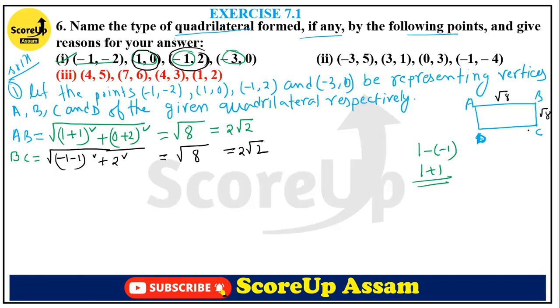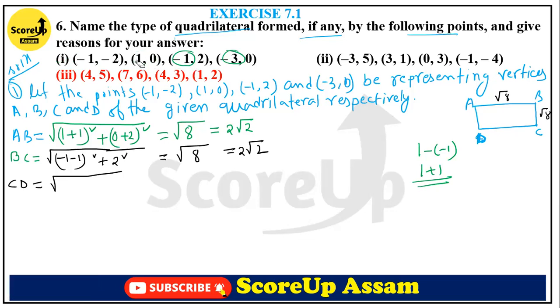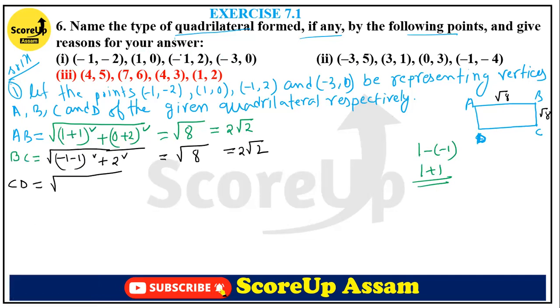Now let's check the length of CD. So CD will be what? In case of CD, this will be our X1, this is Y1. It will be minus 3 minus minus 1, that means minus 3 plus 1, whole square plus 0 minus 2, that is equal to minus 2 whole square.